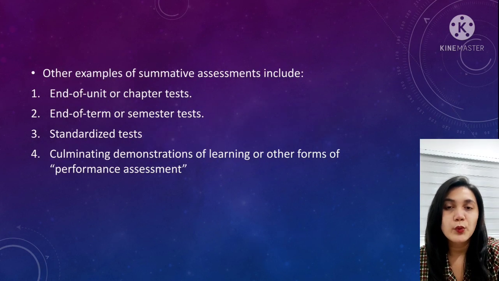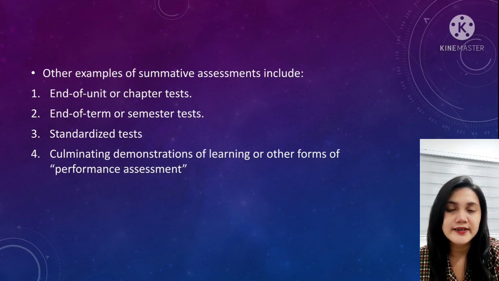Some of the most well-known and widely discussed examples of summative assessments are the standardized tests administered by states and testing organizations, usually in math, reading, writing, and science. Other examples include end-of-unit or chapter tests, end-of-term or semester tests.